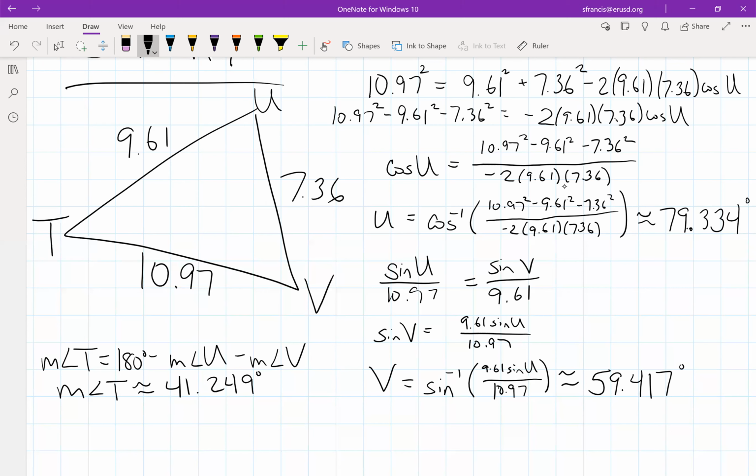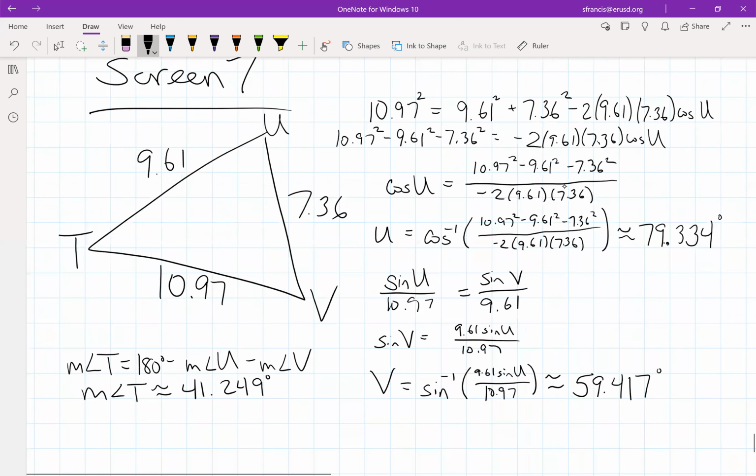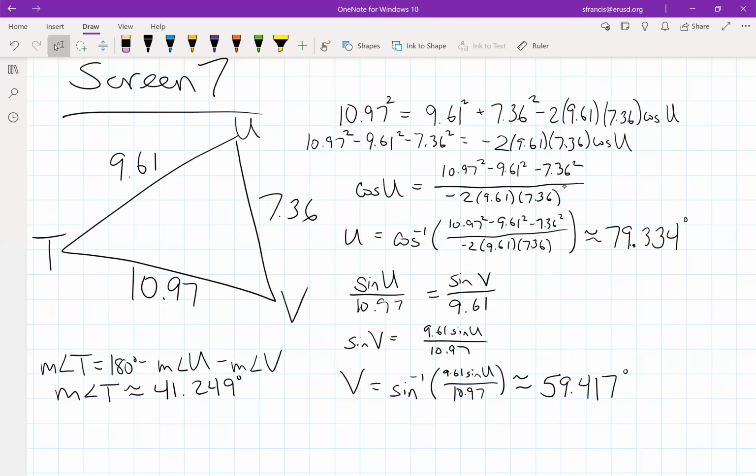Got one more example to practice, just like this one on screen number, is it 8? Yeah, I think it's screen 8. Yeah, screen 8. Some of you are probably almost done already. Those speedsters in the class. I'm going to draw screen 8 in just a moment.